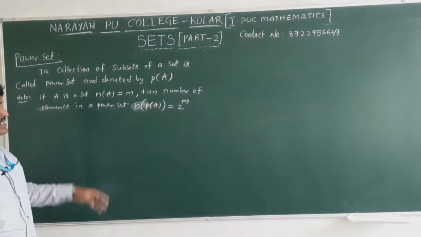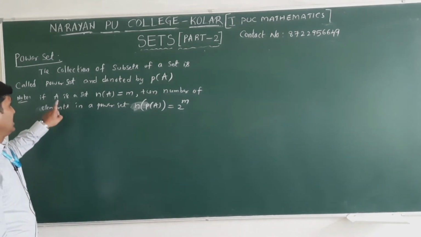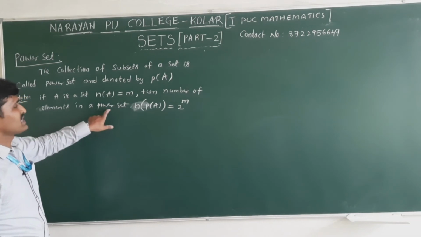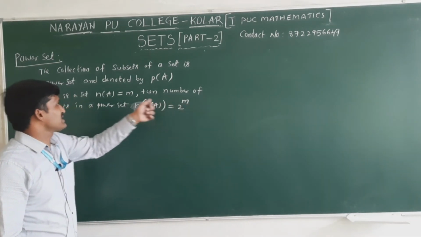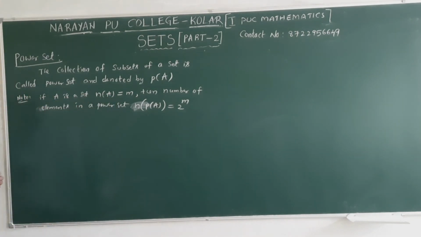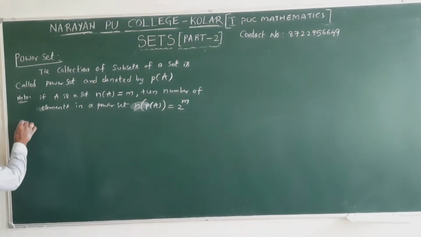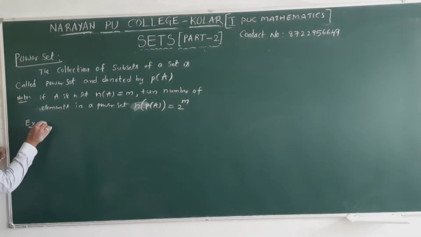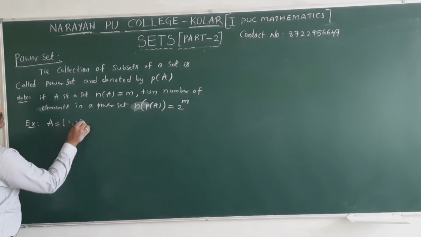Counting the number of elements in a set, n of A will come directly, but the number of elements in the power set, n of P of A, is 2 power m, where m is the number of elements in the set. That is the formula for finding the number of elements in a power set. For example, the set A is given as 1, 2.